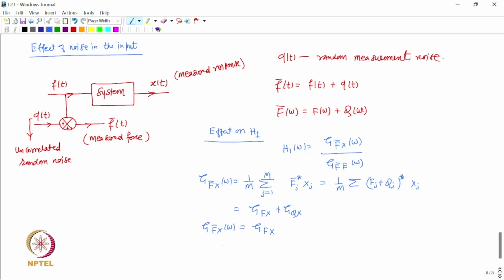And then similarly we can easily show that G f bar f bar omega, proceeding as we did for G x bar x bar earlier, will be equal to G f f plus G q q, right. So, the auto spectrum of the force would contain the effect of noise.